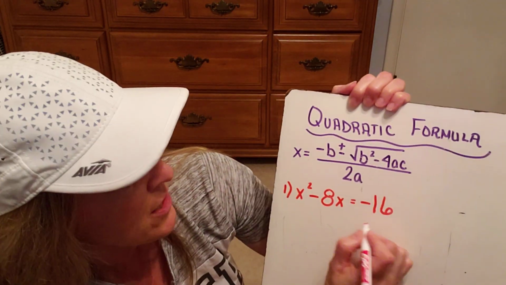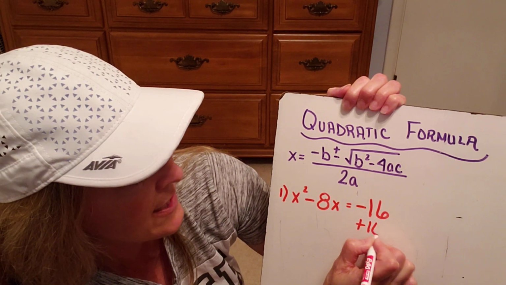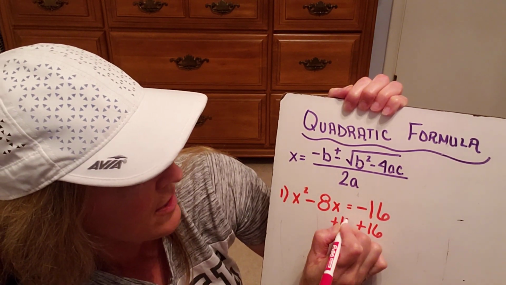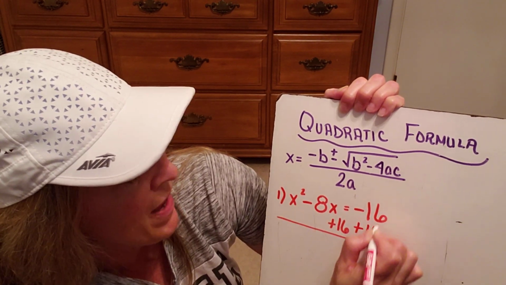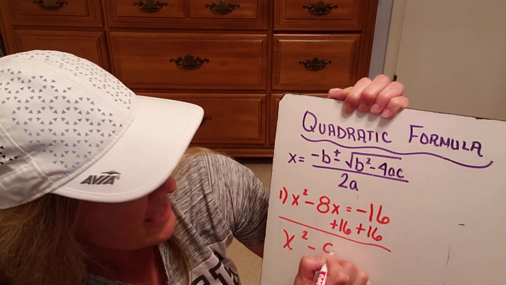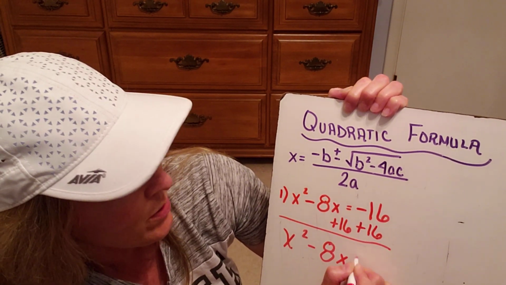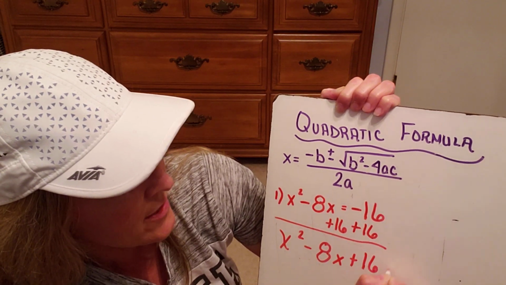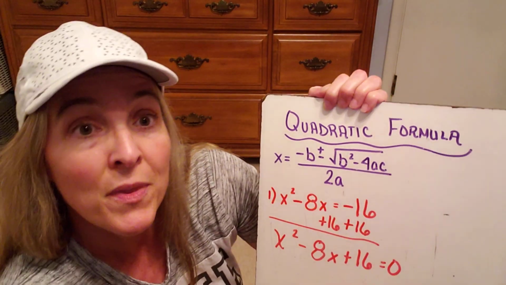In this particular problem, I'm going to add 16 to both sides, keeping the equation balanced.